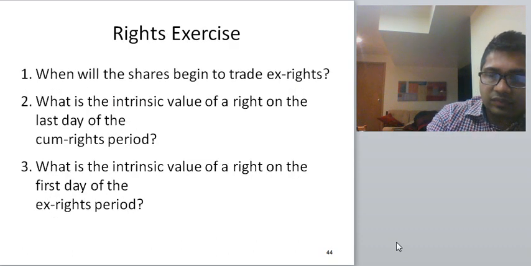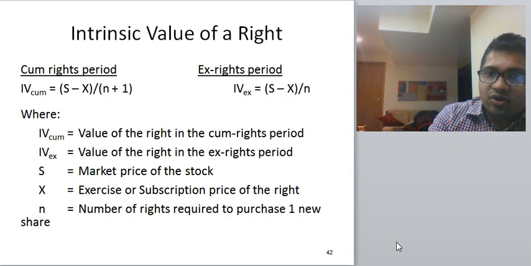Next, what is the intrinsic value of a right on the last day of cum-right? You can use the formula. And what is the intrinsic value on the first day? Same, use this formula.